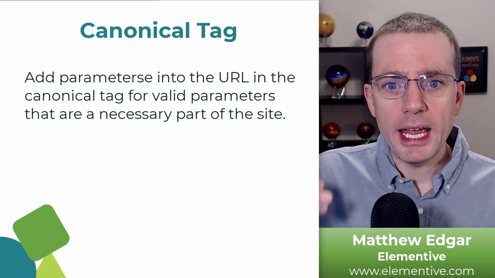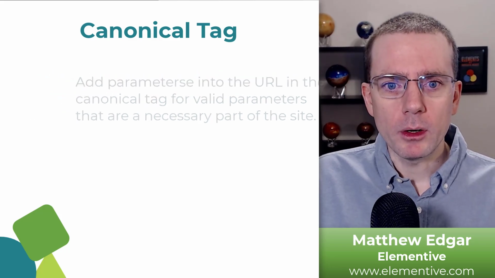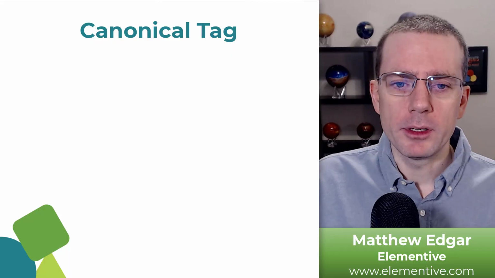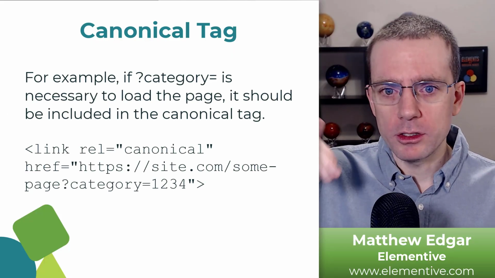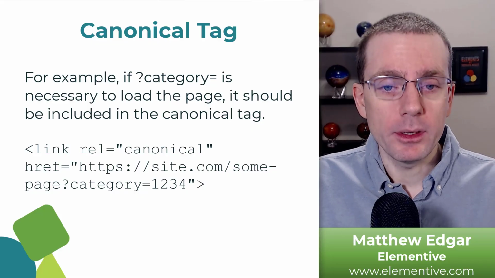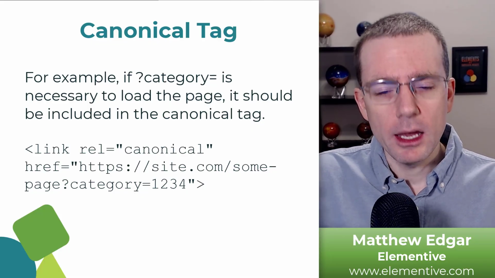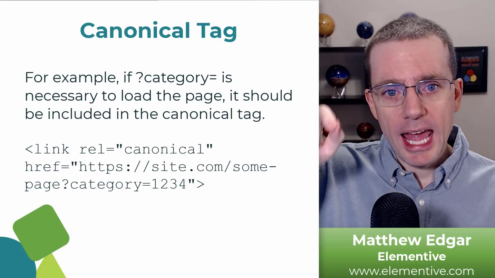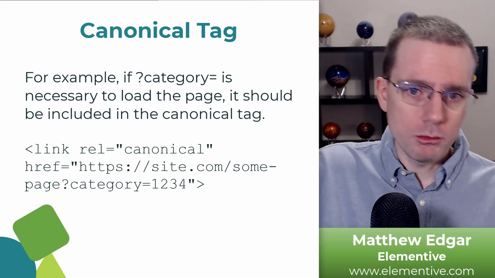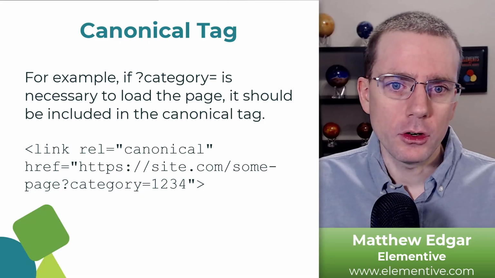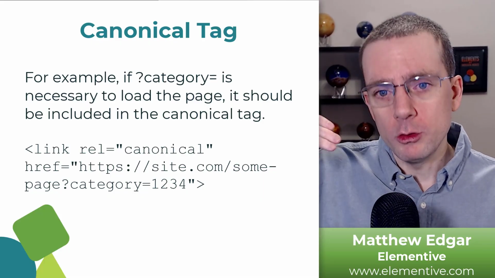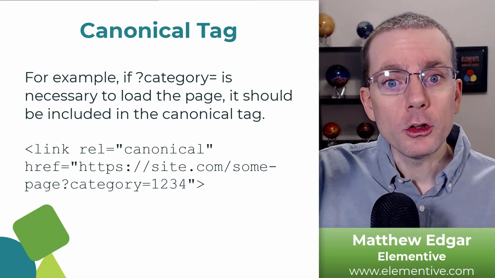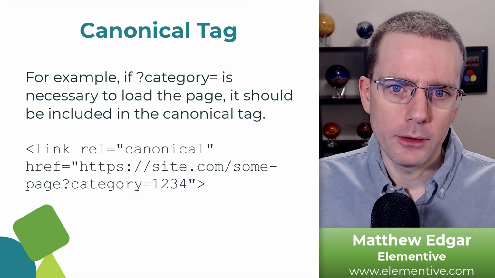For example, pages that maybe require a valid parameter of category equals in the parameter string in order to load category content, that would need to be in the canonical tag, right? You would want to tell Google that, hey, a URL with category equals whatever, that's the official version of that page. And therefore, we want you to treat that as the official version and include that URL in search results.